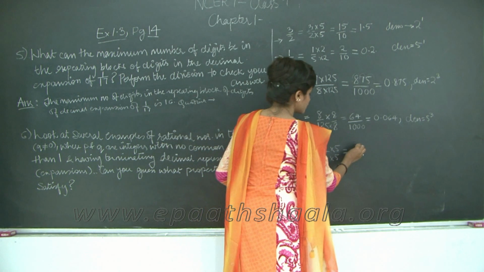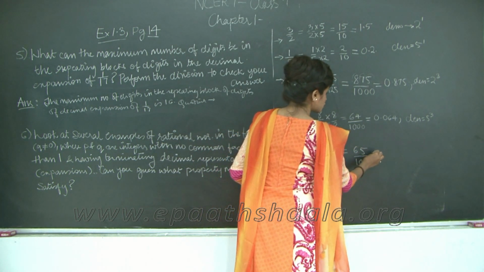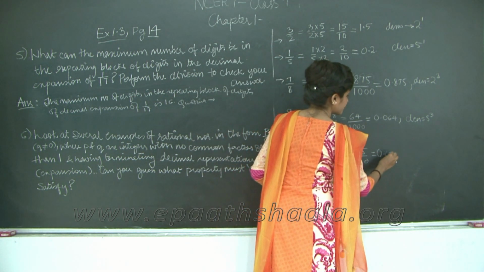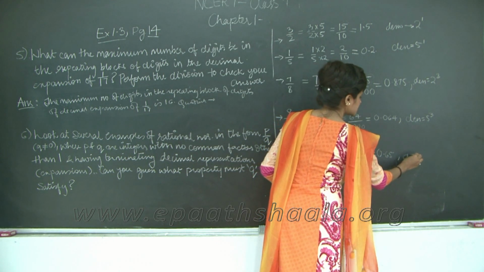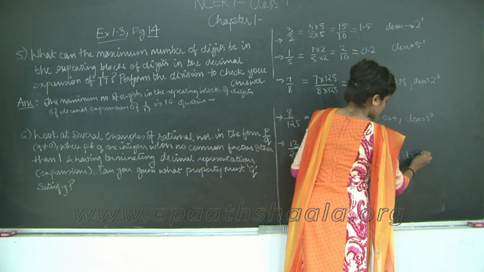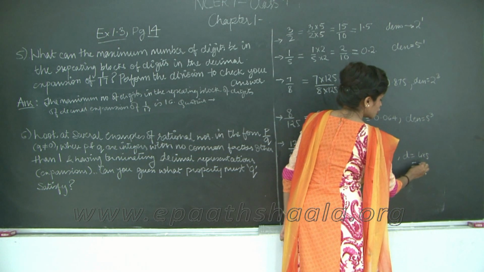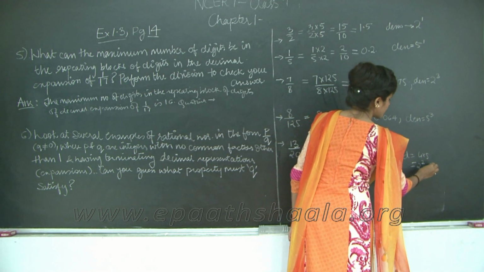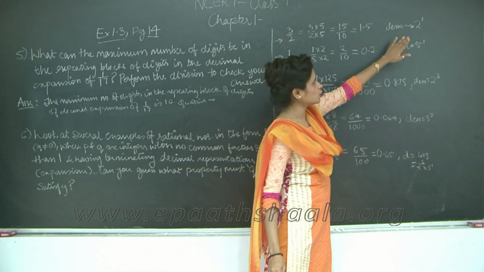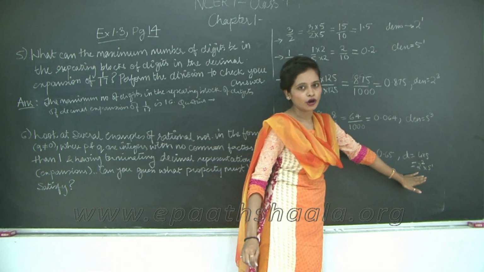So 13 5s we know it is 65 and this is 100. So this is 2 decimal places, therefore 0.65, and my denominator is 2 into 2 into 5. 4 5s are 20, 4 into 5, which is nothing but 2 square into 5 raised to the power of 1. So we notice that the denominator is either 2 or power of 2 or 5 or power of 5 or a combination of both.